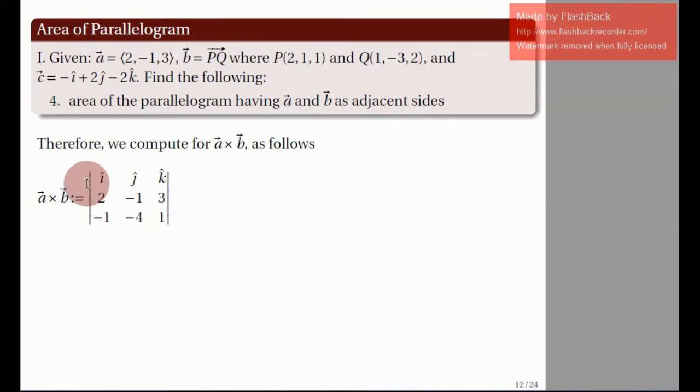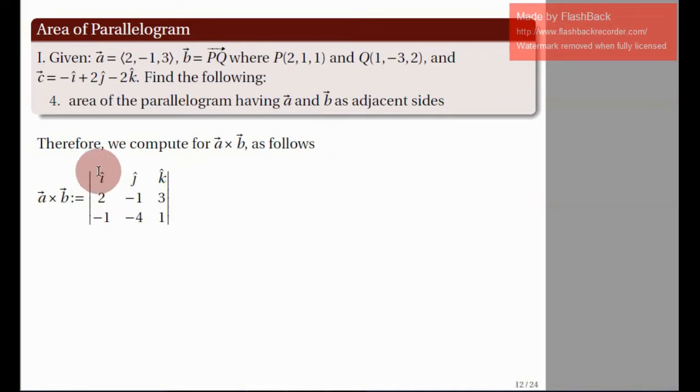The first row belongs to our special vectors, the standard basis vectors. The second row contains the components of the first vector here. Meanwhile, the third row contains the components of our second vector.